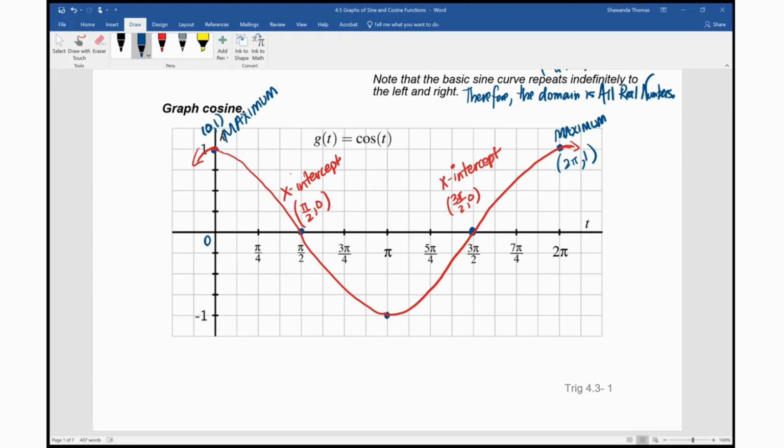It could be also identified as a y-intercept. It crosses the y-axis at 0, 1. What about our minimum? What is our minimum? Pi, negative 1.